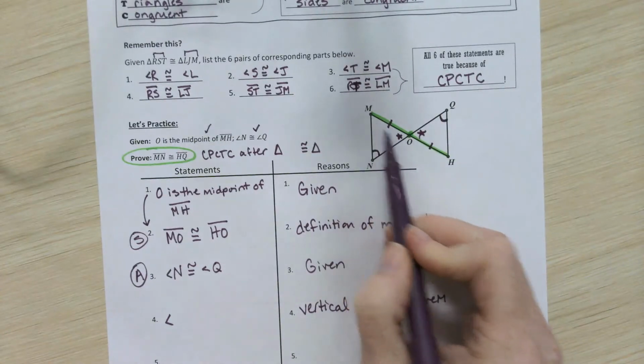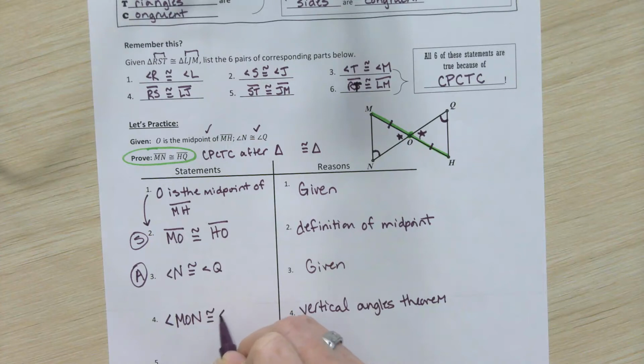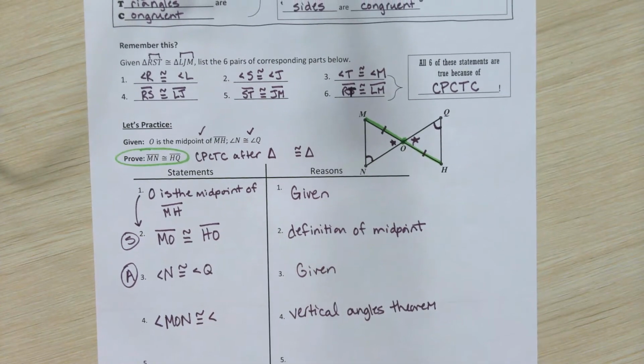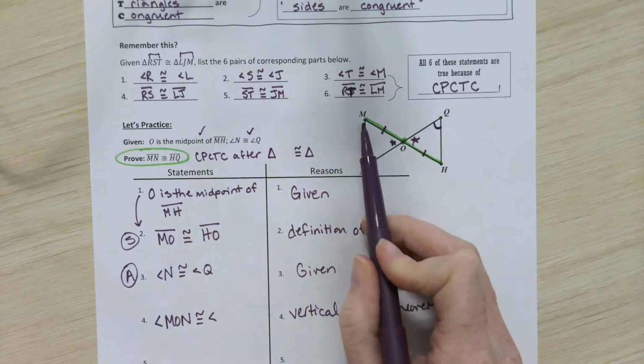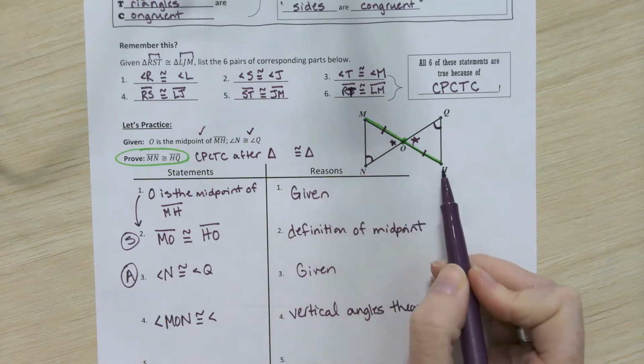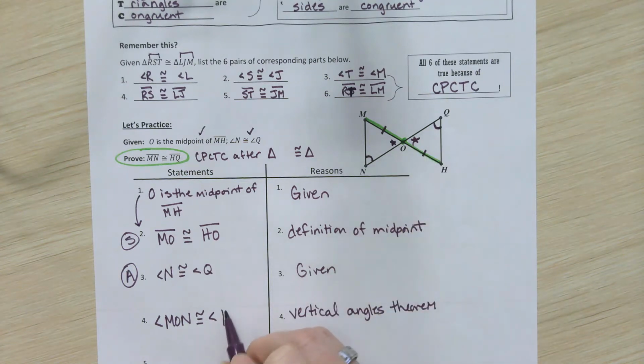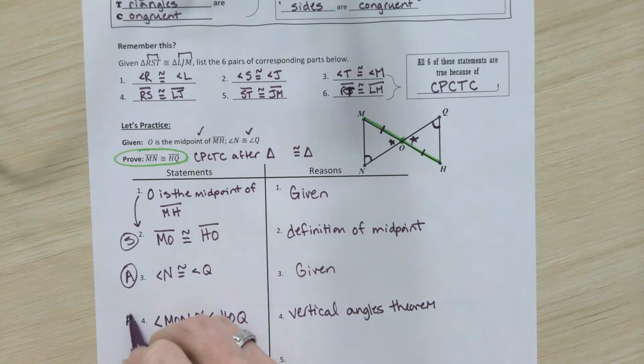Angle MON is going to be my first angle's name. So then if I try to set up the other angle in a corresponding way, I would be traveling the green tick mark segment first. So that would look like angle HOQ. That would be a pair of angles.